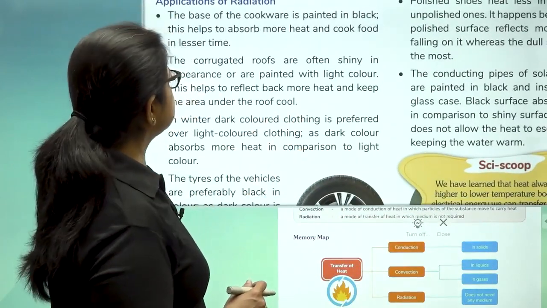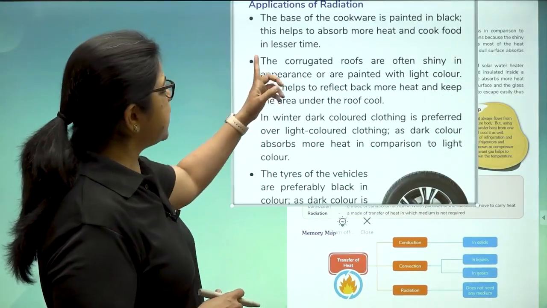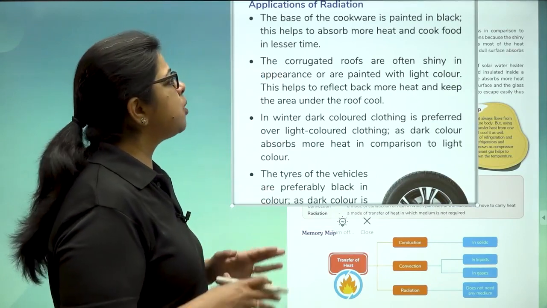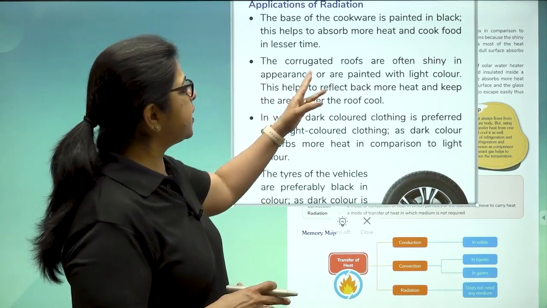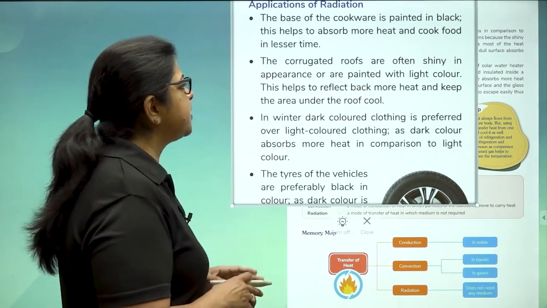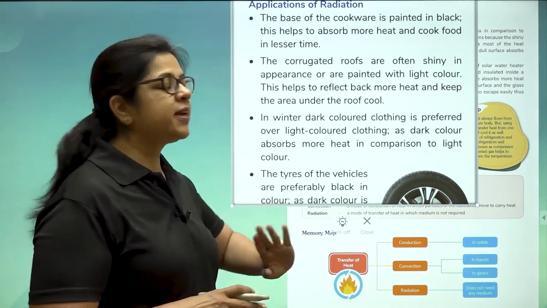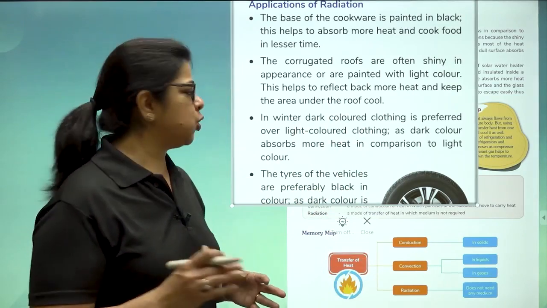So, in the applications of radiation, the base of the cookware is painted black. This helps to absorb more heat and cook food in a lesser time. The corrugated roofs are often shiny in appearance or are painted with light color. This helps to reflect back more heat and keep the area under the roof cool.